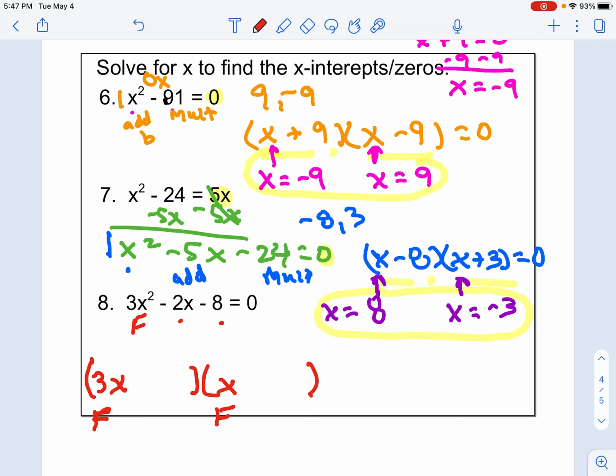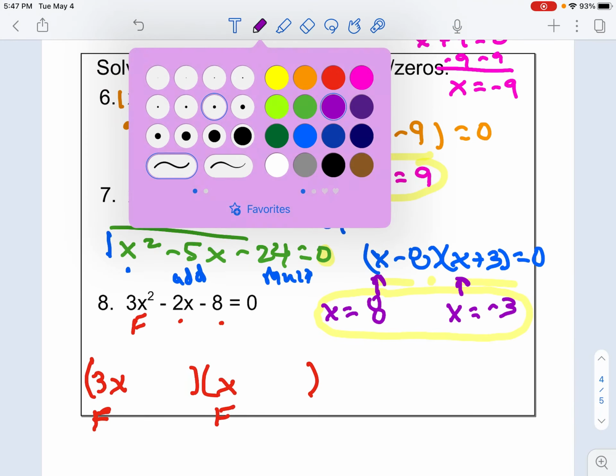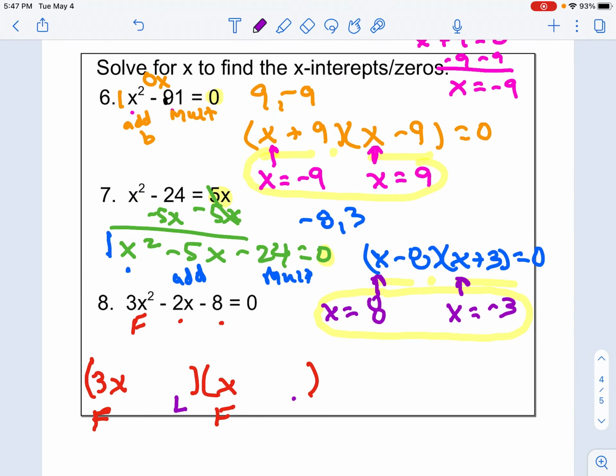Now, I still have to find, for the last terms in each parenthesis, two numbers that multiply to -8. The problem is when you look at numbers that multiply to -8, you might have 4 and -2, or -4 and +2.